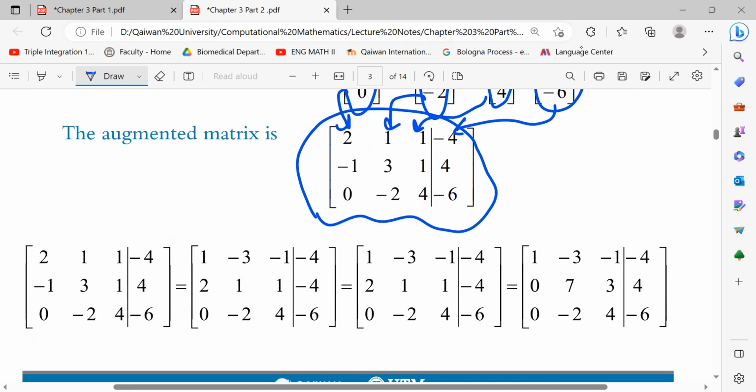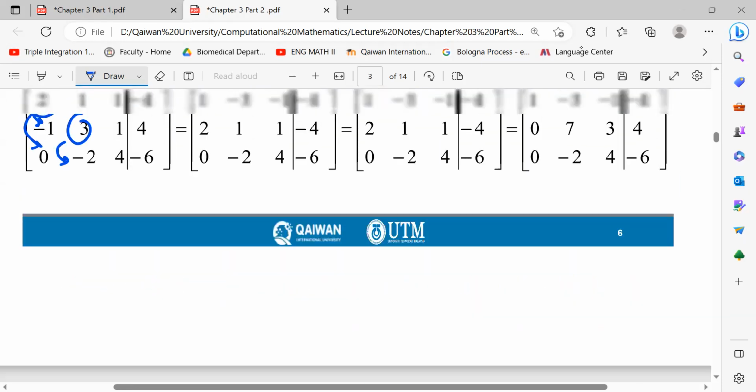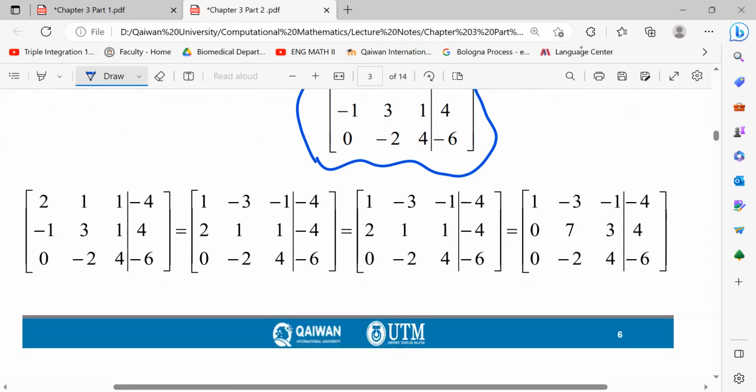From this element, we try to make these two to 0. And from this element, we try to make this to 0. I think we solved many examples about reduced row echelon form, so that's why I'm not going to do it again. From this element, we try to make these two to 0. As you see, we did it, and we change the pivot itself to 1.